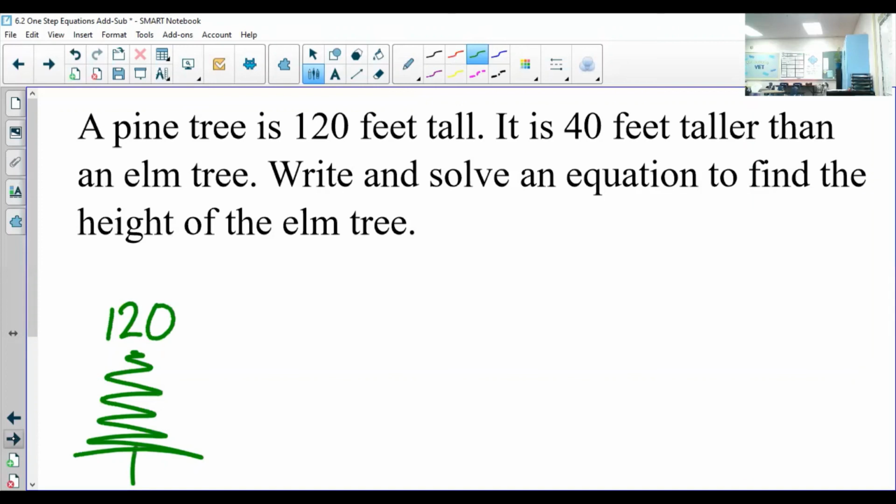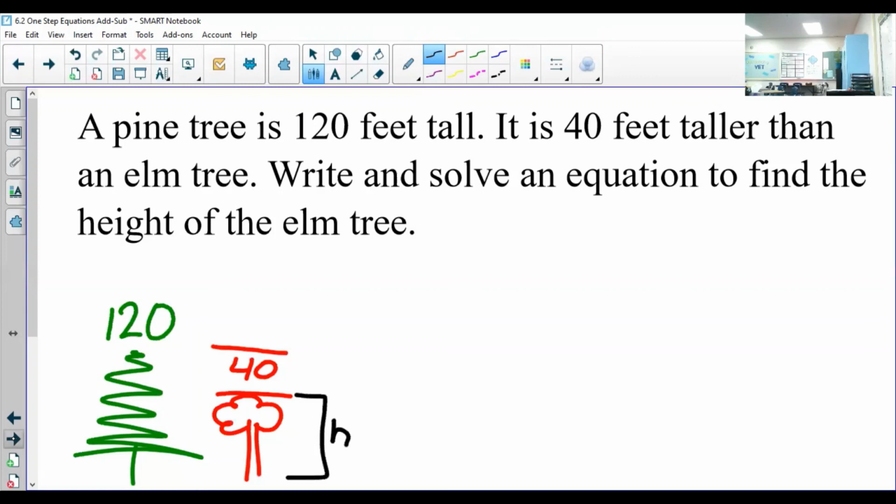So elm tree, pretty sure is just like one of those trees, right? Okay, it's 40 feet taller. So that means the distance between here and here, the top of the pine tree and the top of this tree, is 40, because the pine tree is 40 feet taller. They want to know, how tall is the elm tree? What's the height?